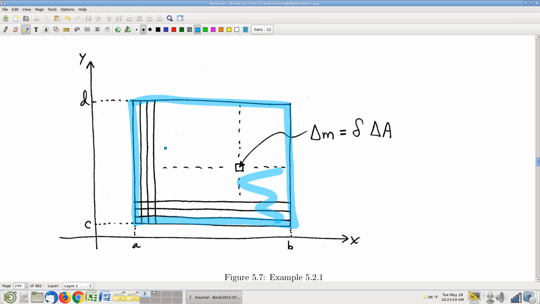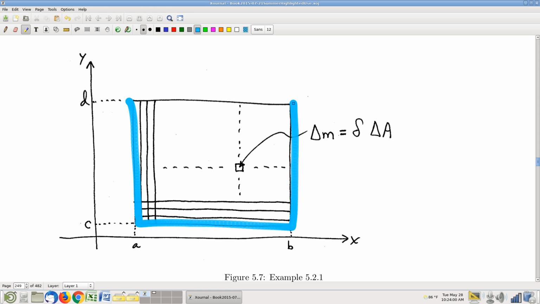A couple of things to observe about this problem. This domain can be chopped up into little pieces. The thing that we are looking for, mass, is an accumulating quantity. I remind you, not everything in the physical world is an accumulating quantity. Center of mass, right? Not accumulating.